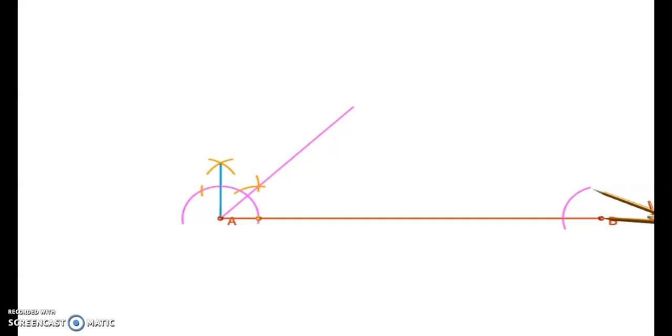Now, you know very well, children, for constructing an angle of measure 60 degrees, you need to take some convenient radius and then with B as center here, draw the arc.